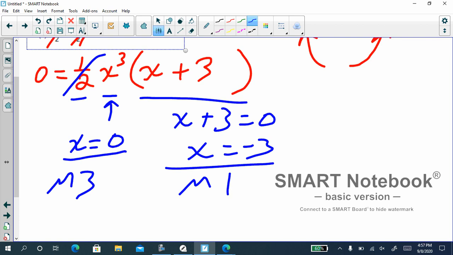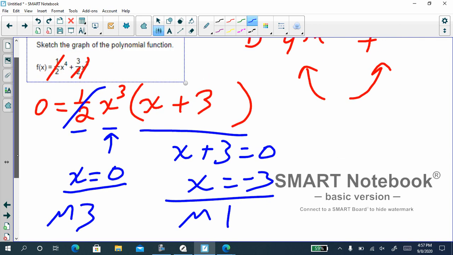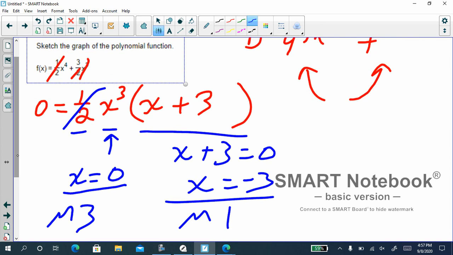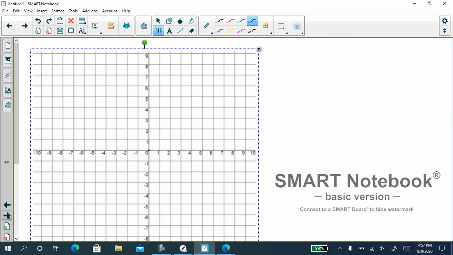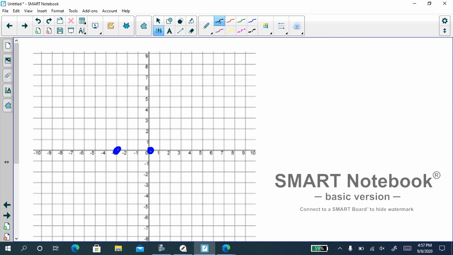Both of those are crossing because they have an odd multiplicity. So 0 and -3 are x-intercepts. We're up on both sides, and we cross at both of them.